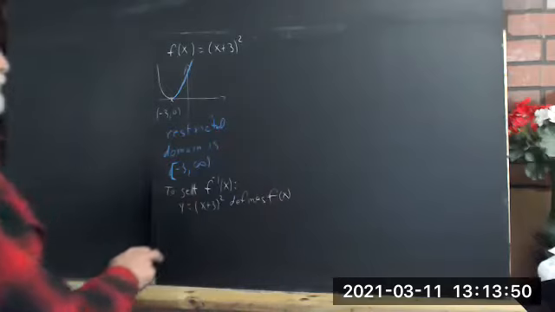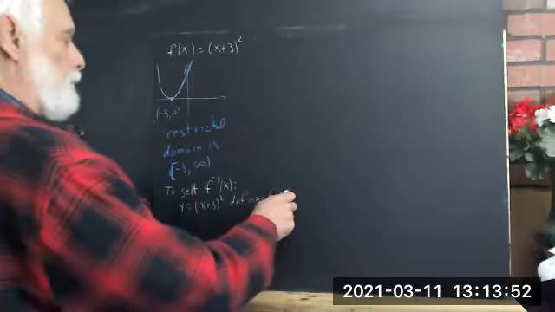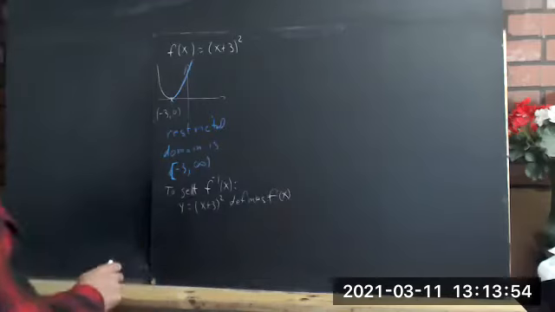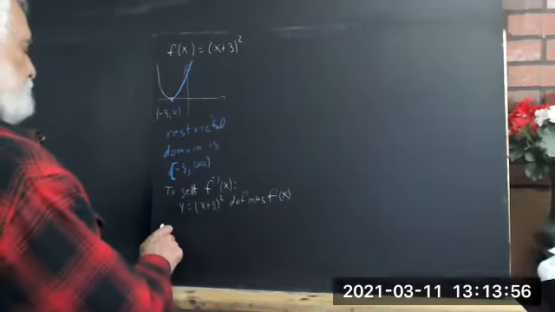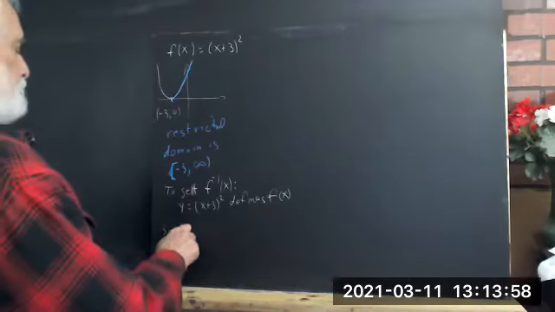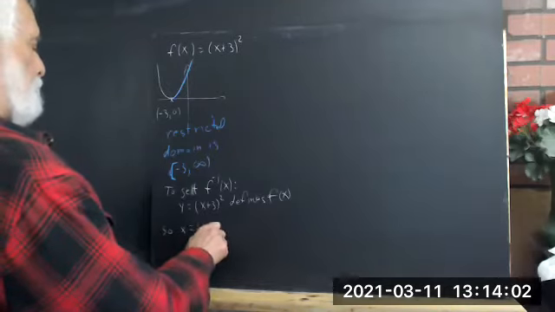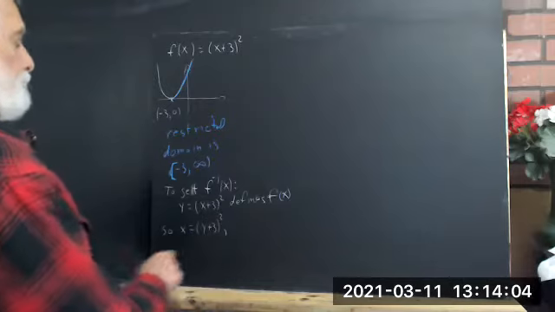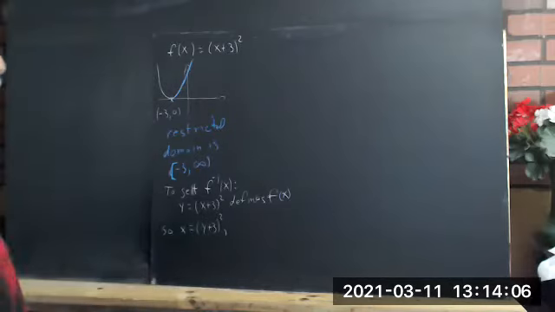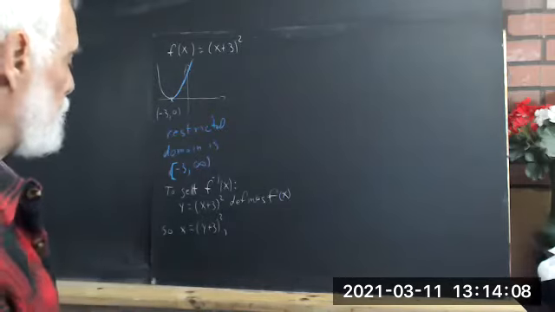Okay, y equals (x plus 3) quantity squared defines f of x. So x equals (y plus 3) quantity squared.